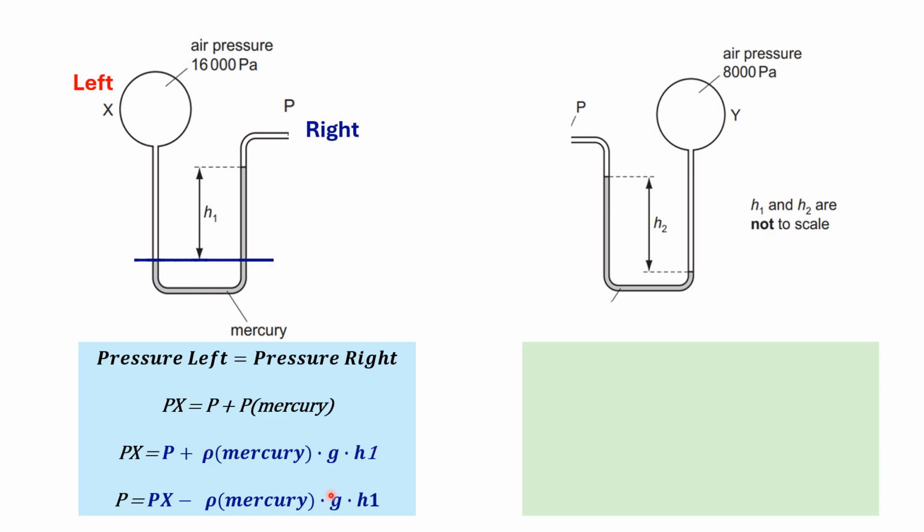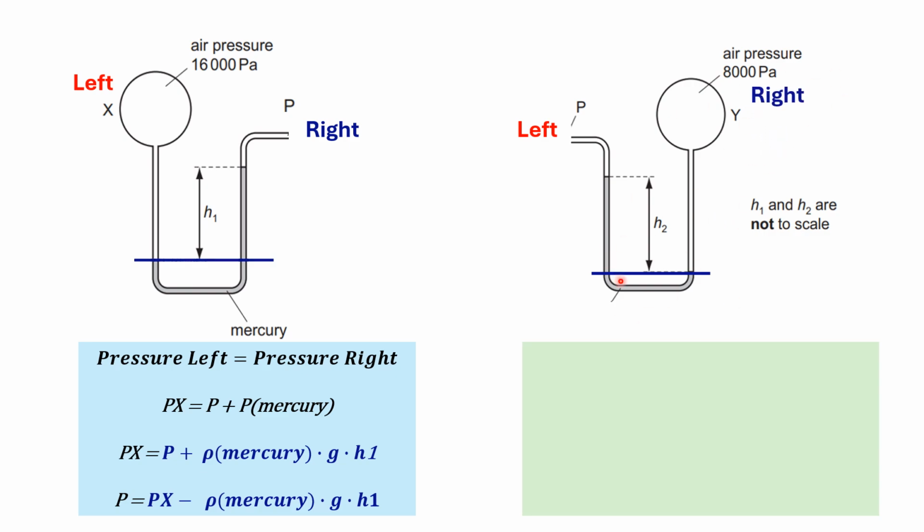Now let me look on the right side of this original W-shaped tube. So here we have the line, the common line, and this is the left side and this is the right side.